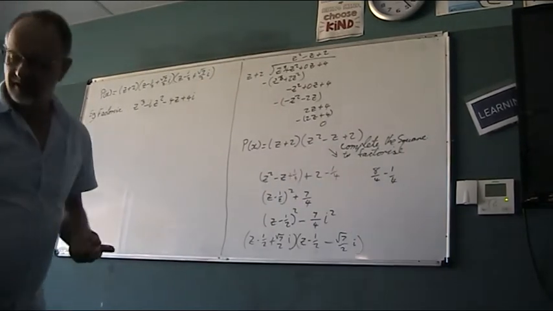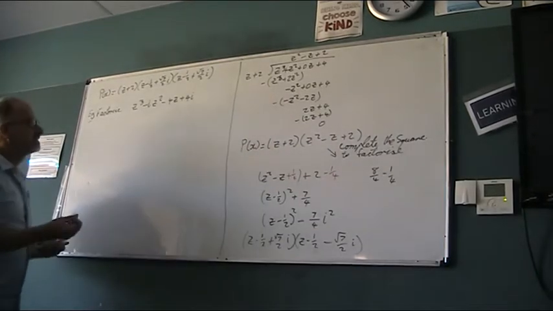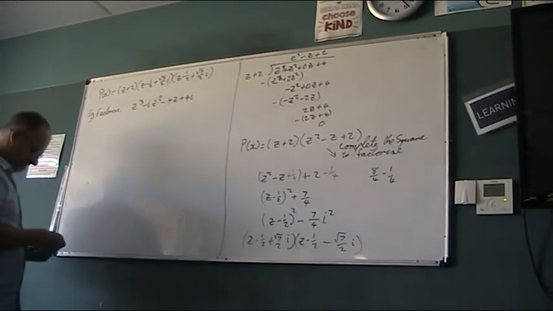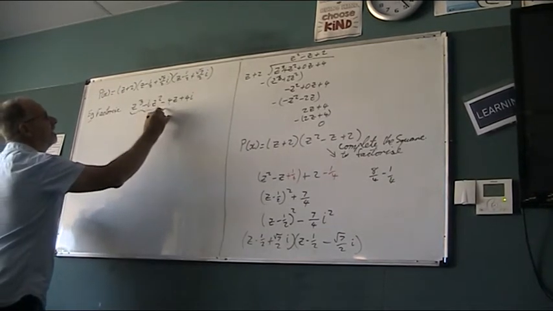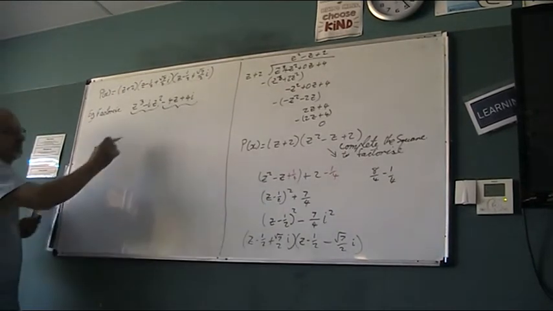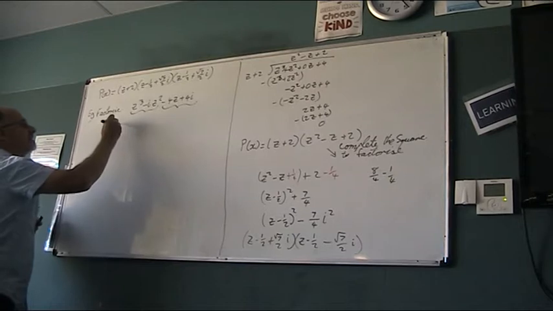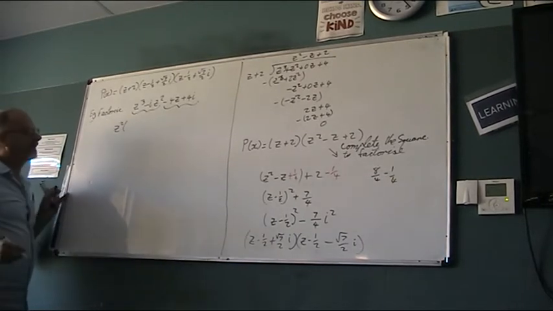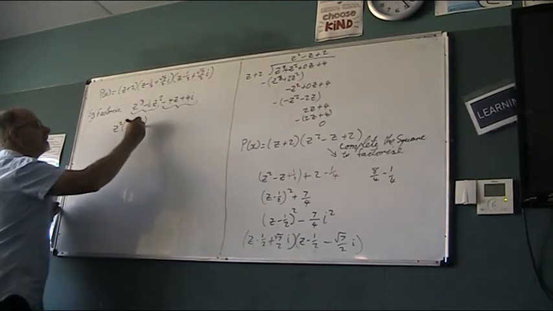So another method, and you often overlook this method, is to group. If I group the first 2 terms together and the last 2 terms together, then in the first 2 terms, z squared is a factor, and so then we've got z minus i.